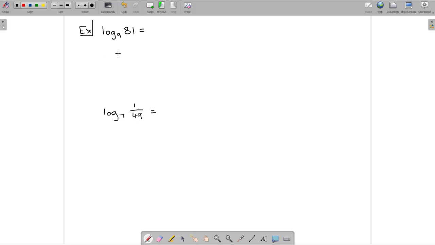So here are some examples of common problems you might run into when studying logarithms. Let's take a look at the first one. Log base 9 of 81 equals what? Again, the thing to keep in mind is logs help us solve for the exponent. So when you see this, you want to be thinking, 9 to the what power is going to give me 81.